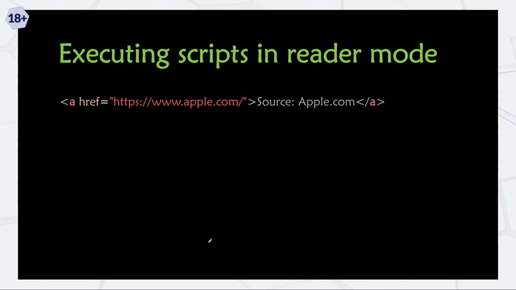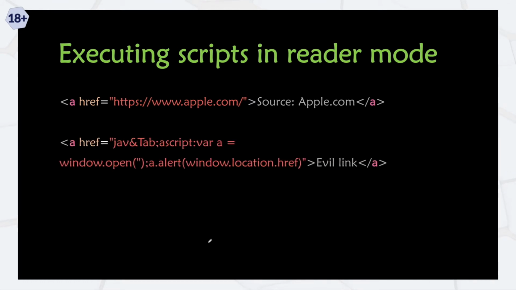So after digging a bit, I figured out we can at least use console.log and the window.open method inside reader mode. I created a simple proof of concept which uses the window.open method to alert the location of the current window as soon as the evil link is clicked.